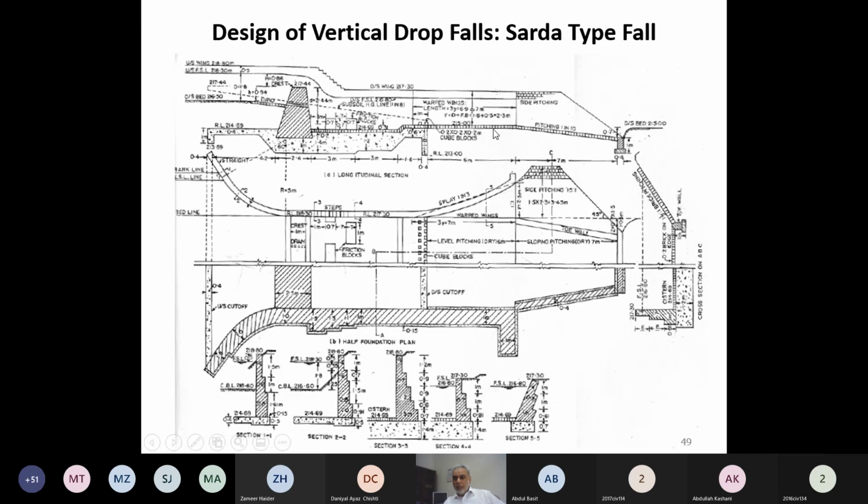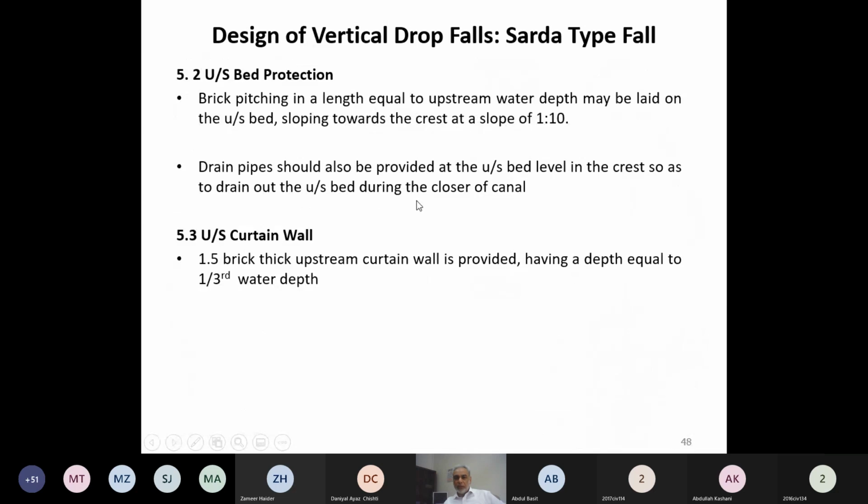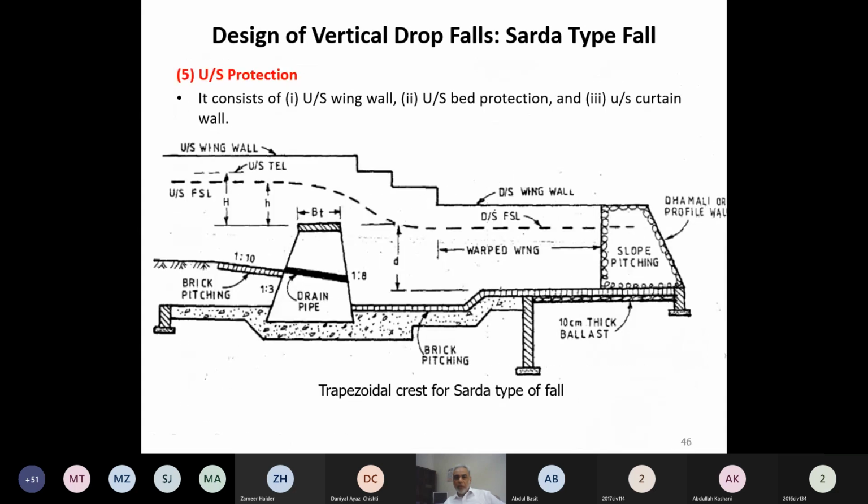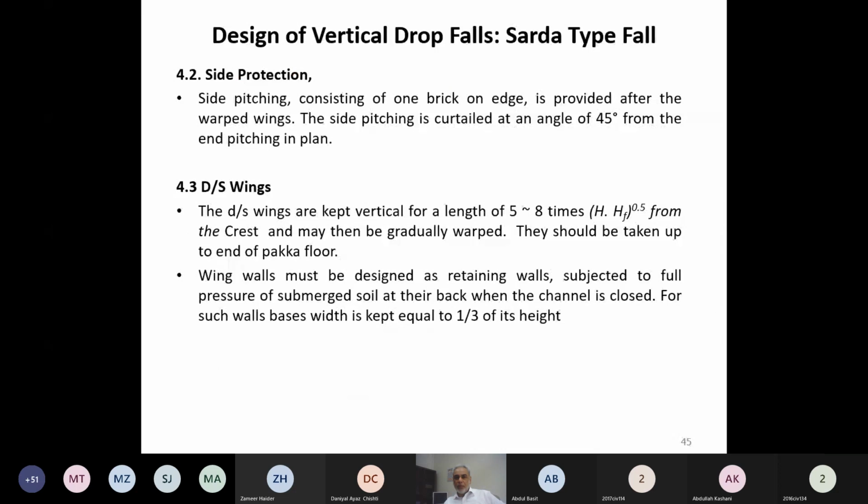The side pitching will be provided to a certain length after the warped wall has been finished. After this warped wall has been finished, and this warping has been done from the end of the concrete floor up to a certain length, so this is the downstream pitching, upstream pitching, side protection.